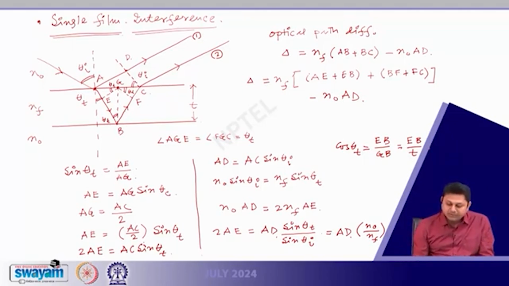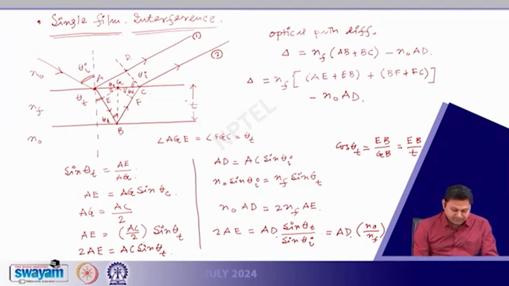Now let me go back to the equation that we had, delta equal to NF AE plus EB plus BF plus FC and then N0 AD. N0 AD I already calculated, this is NF into AE, and this AE means this to this.